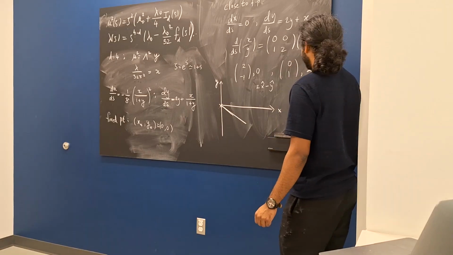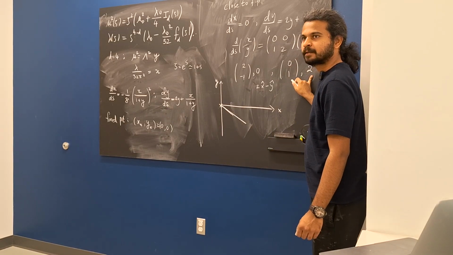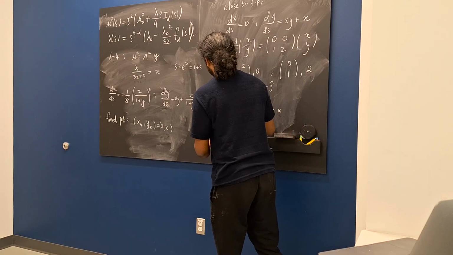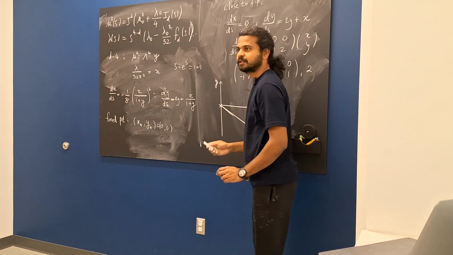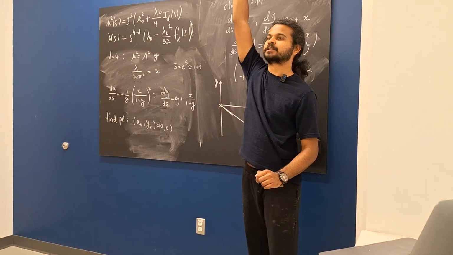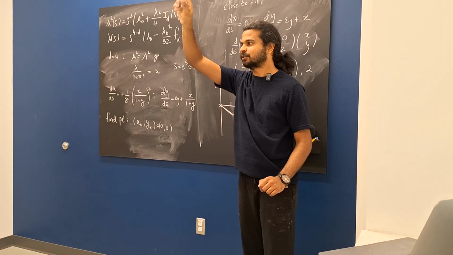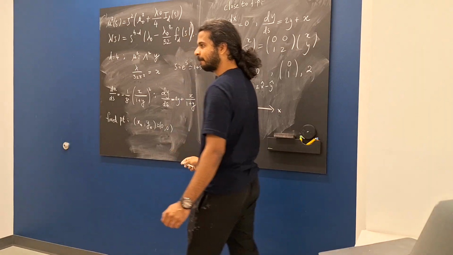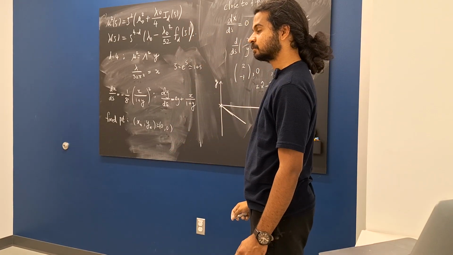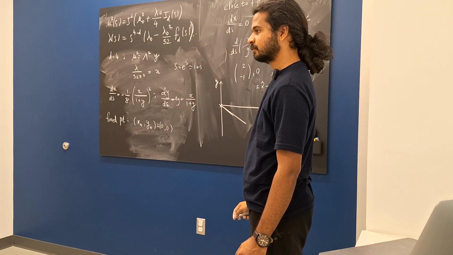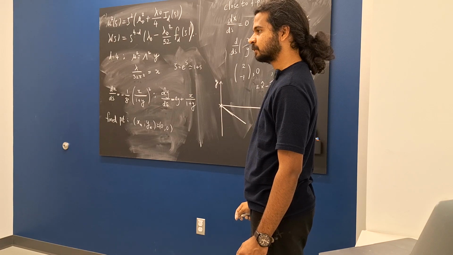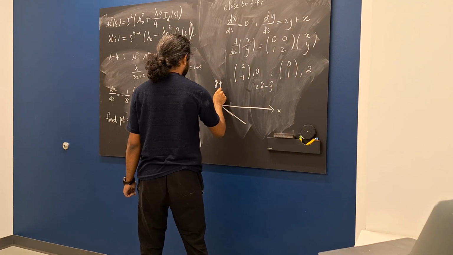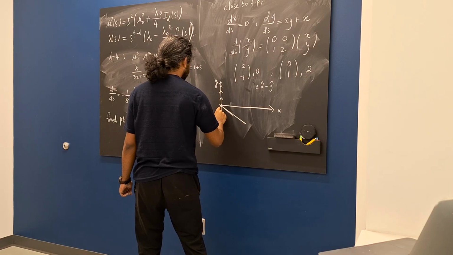But along 0, 1, the eigenvalue is 2, right? What that means is if you perturb along the 0, 1 direction, it just increases exponentially. The solution is e to the 2 times whatever. Is that the relevant mass coupling? Yeah, so here we have one relevant coupling that flows like this.